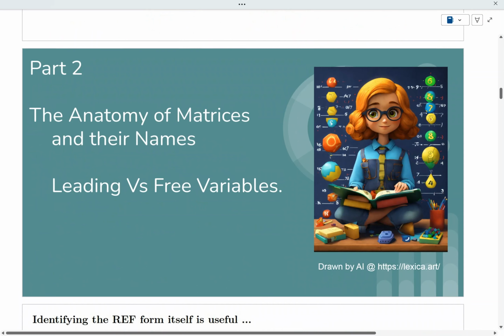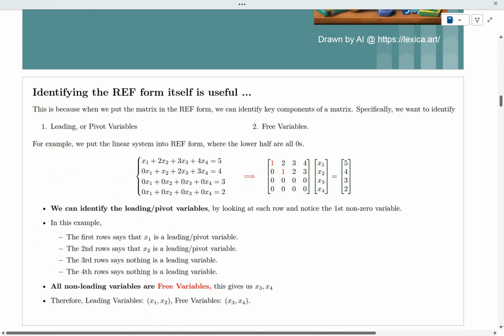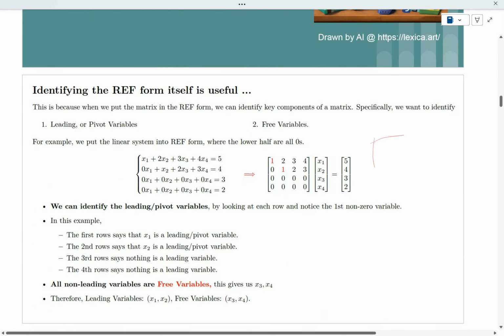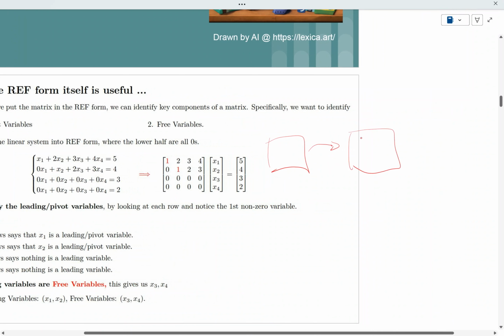Okay, all right. So let's move on to part two, called Anatomy of Matrices and their names. Specifically, we're going to learn these two things in the matrix. In the last class, we talked about how we can go from a matrix, augment a matrix, and reduce it so that you have the diagonal and the lower part is zero.